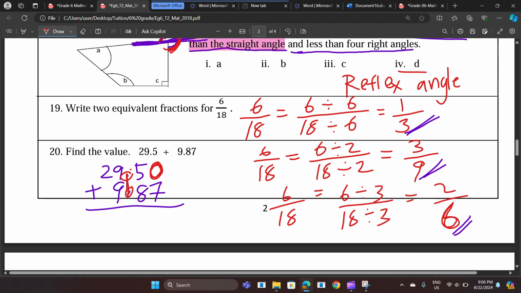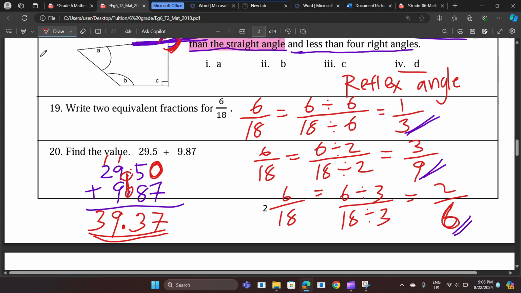There is no value now, so we put a 0 here. 7, 8 plus 5, 13, and there is 1. 9 plus 1, 10, and 10 plus 9, 19. There is 1. We have to put the decimal point after the addition. So the answer is 39.37.